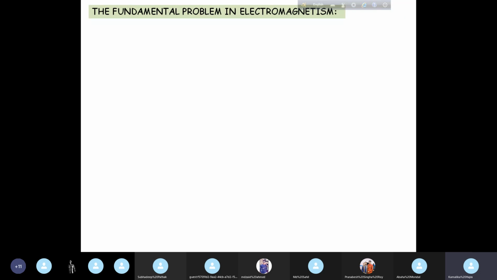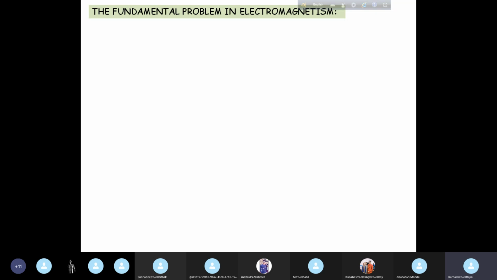Anyway, so now we will see what the fundamental problem is in electromagnetism. We will see later on, and in this module you will finally see that electricity and magnetism are not two separate phenomena. Electricity happens due to electrons. When they are at rest or when they are moving, we get current electricity.